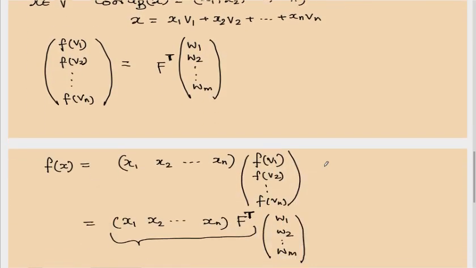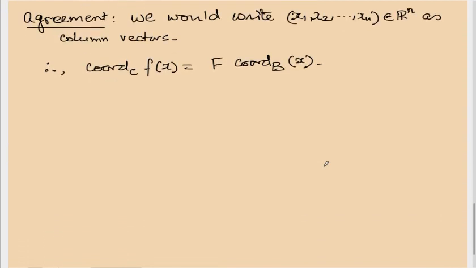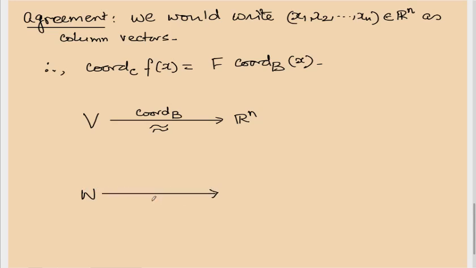So once we know this matrix, we know what F is. Recall that coordinatization by B gives a geometric representation of V in Rn, and the coordinatization with respect to C gives a geometric representation of W in Rm.